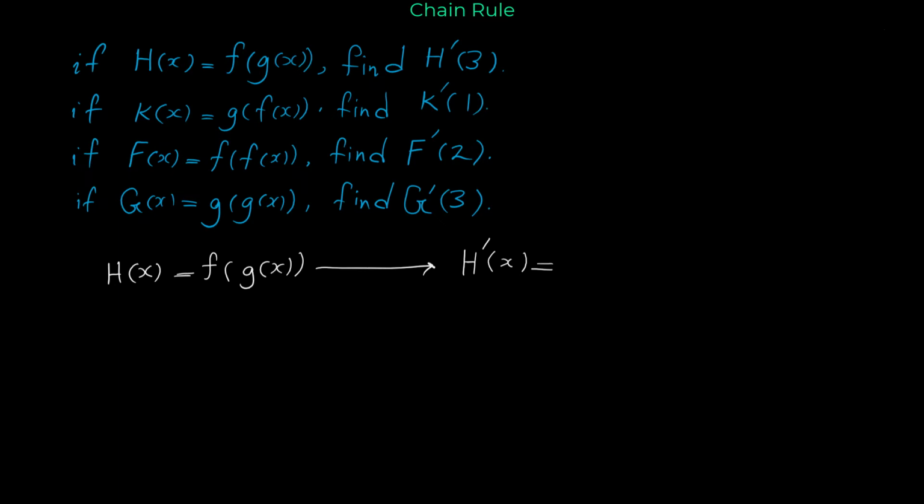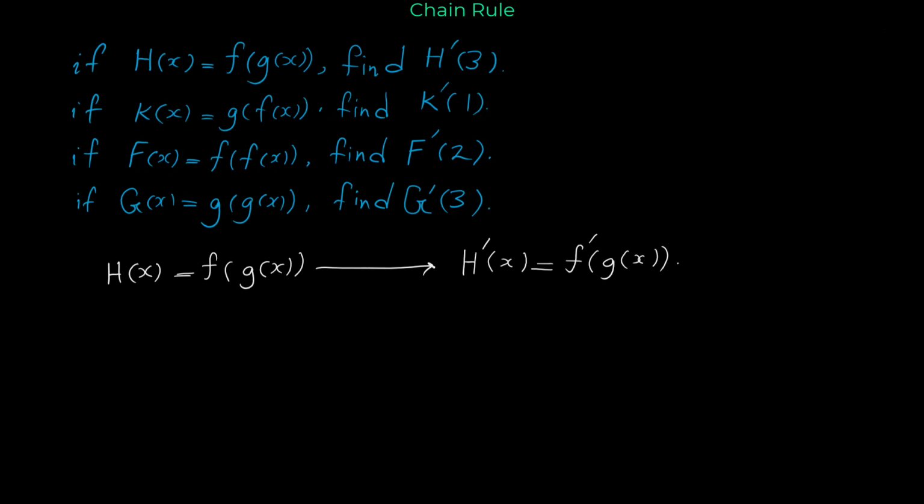What was chain rule? When you want to find derivative of a function, take derivative of the outside function and then multiply it by derivative of the inside function. Here the outside function is f, so derivative of the outside function first. Derivative of f is f prime, and leave the inside.